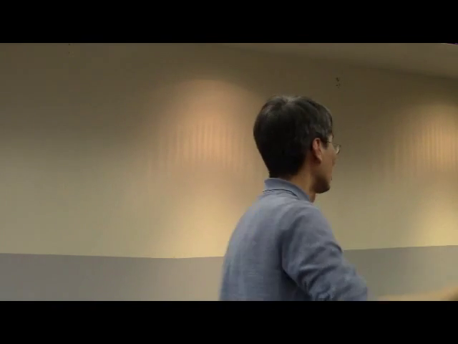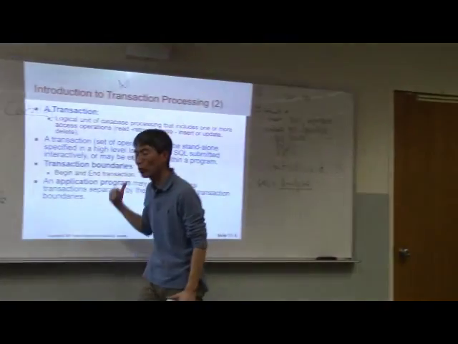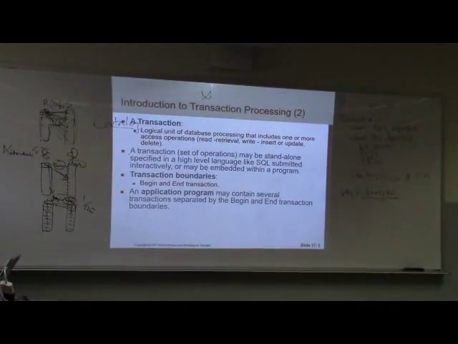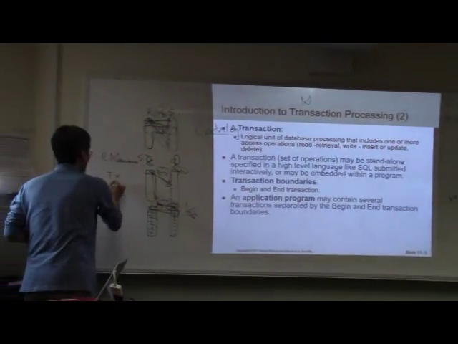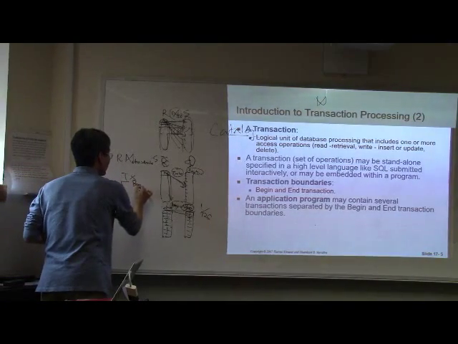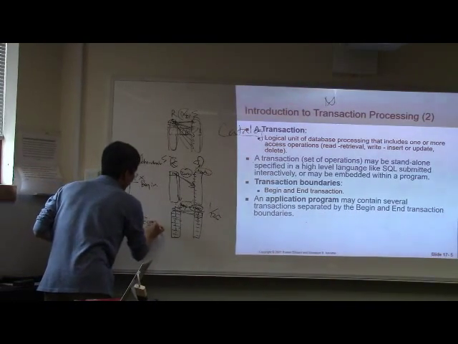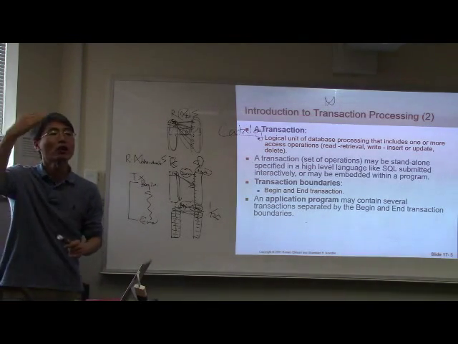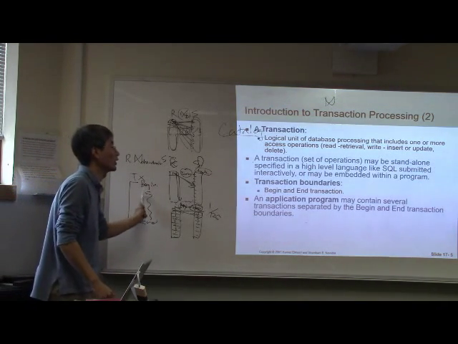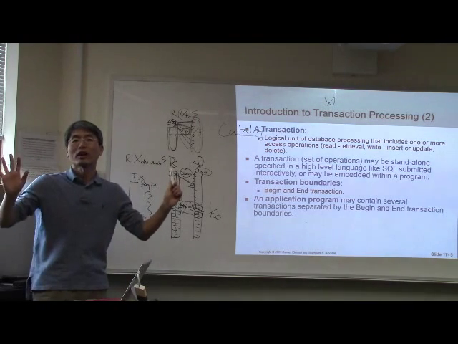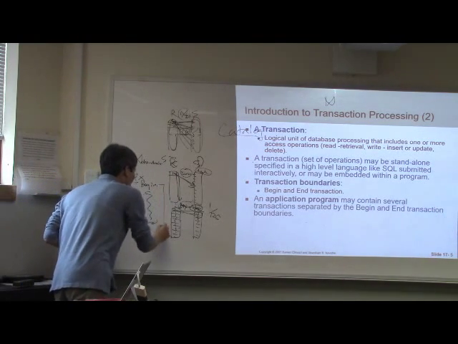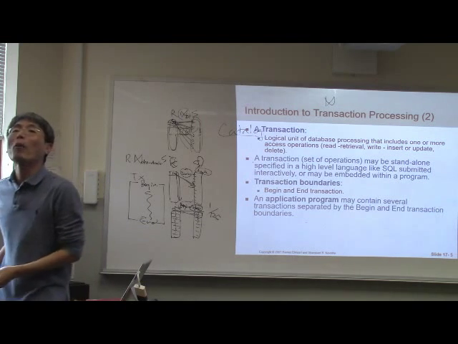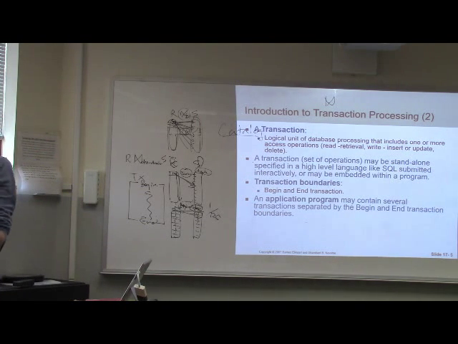There is another operation that can end the transaction, which we will see. So a transaction is always begin transaction and end transaction. Inside between them there are a lot of operations, read, write, whatever. Then this group of operations will be applied together.